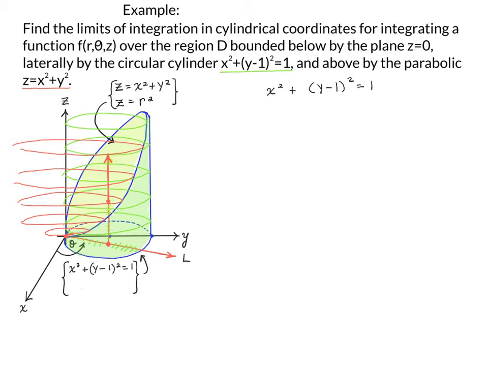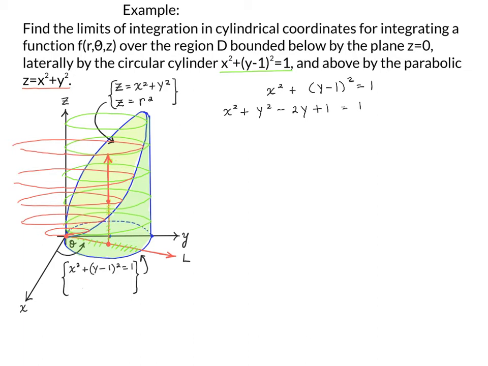We want to convert it into cylindrical coordinates. Let's expand the binomial, and we get y squared minus 2y plus 1 is equal to 1.